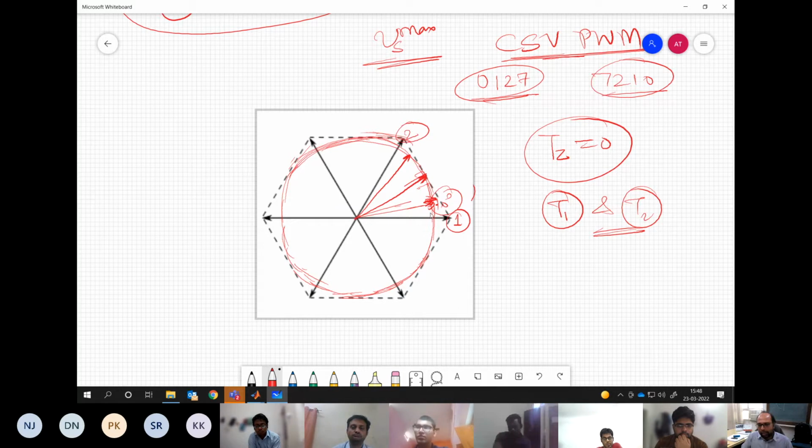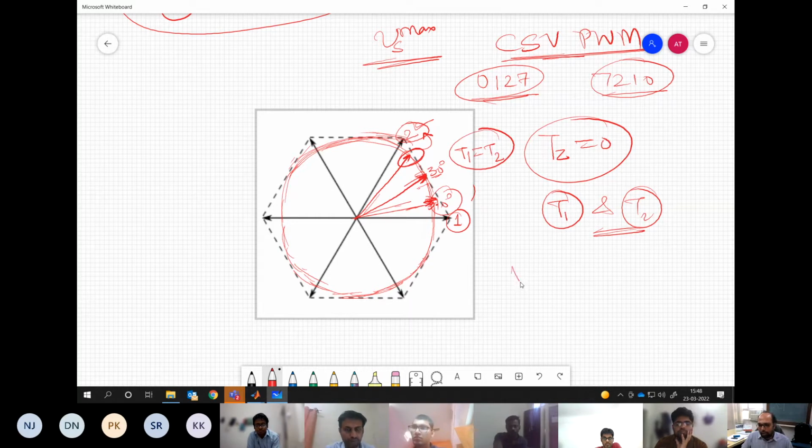And definitely there has to be some zero vector, because this is only a small duration needed, so the rest of the time we need to fill with the zero vector. Here also a similar scenario. The major contribution for this sample is from vector 2. Vector 1 has lower contribution and the rest of the gap needs to be filled by the zero vector. Whereas at the point in the middle, gamma equals 30 degree, the contributions of T1 and T2 are equal.